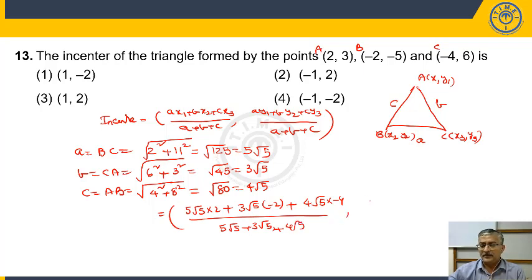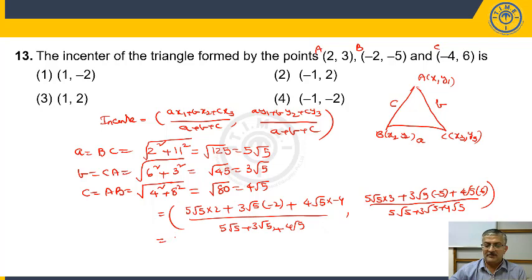And again a y1, that is 5 root 5 into 3, plus 3 root 5 into minus 5, plus 4 root 5 into 6, divided by 5 root 5 plus 3 root 5 plus 4 root 5.